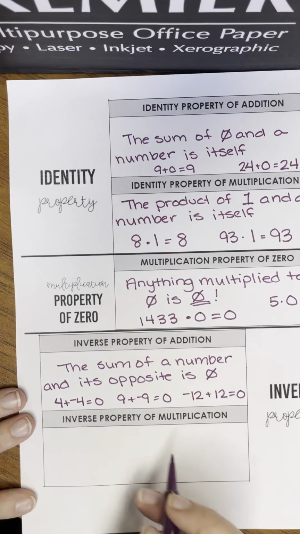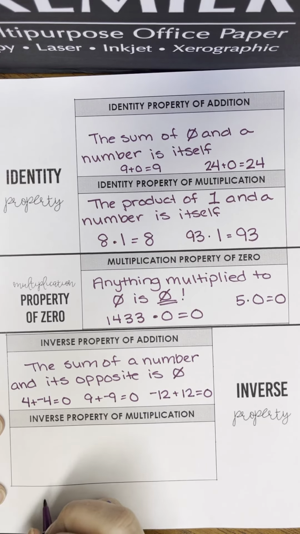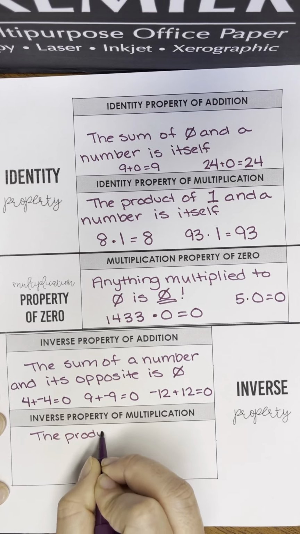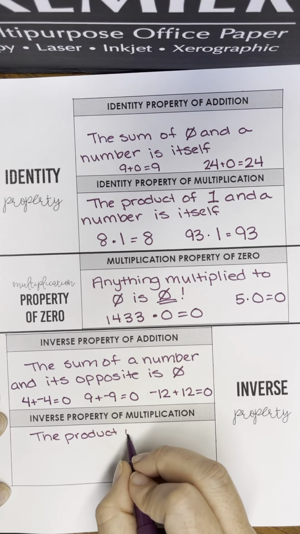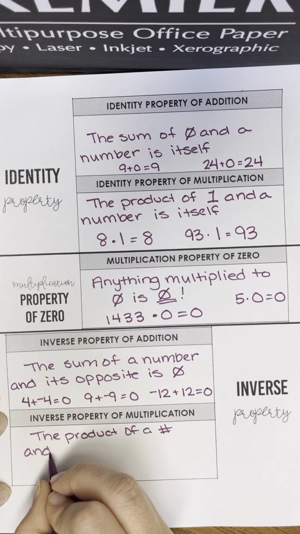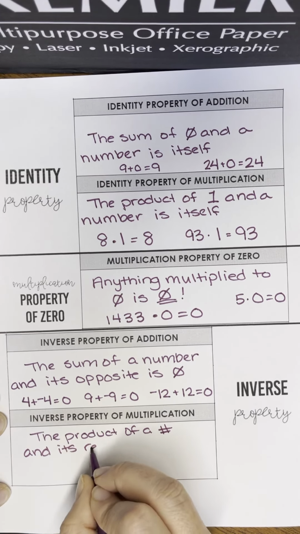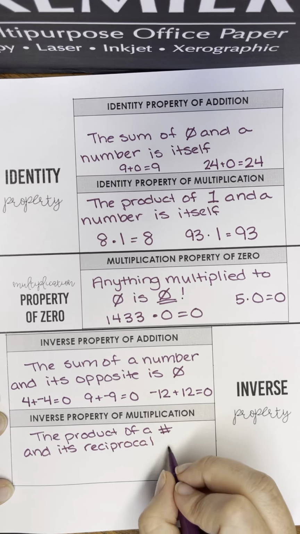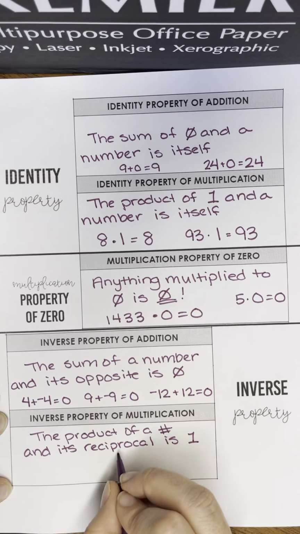And last but not least, the inverse property of multiplication says the product of a number and its reciprocal is 1. So remember what reciprocal means.